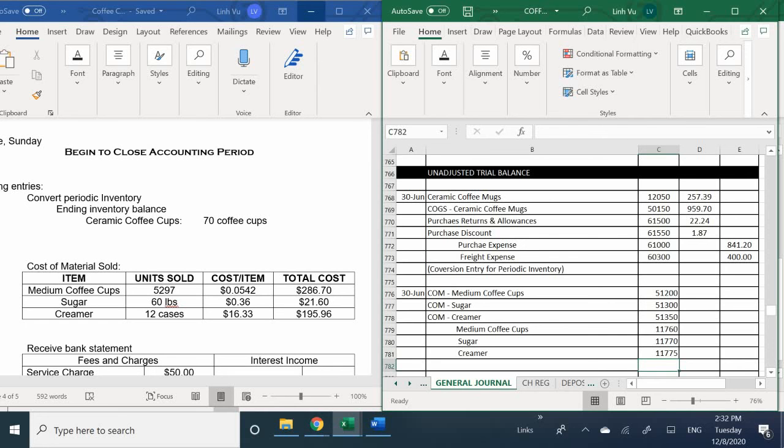So we're going to take the cost of each of those columns and put them in the debit column for each category.